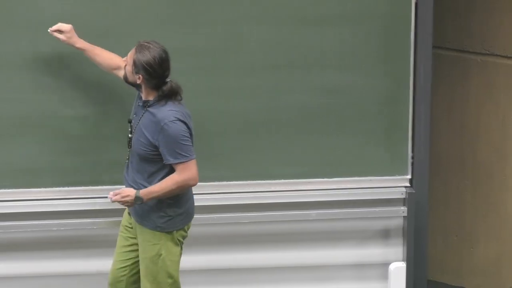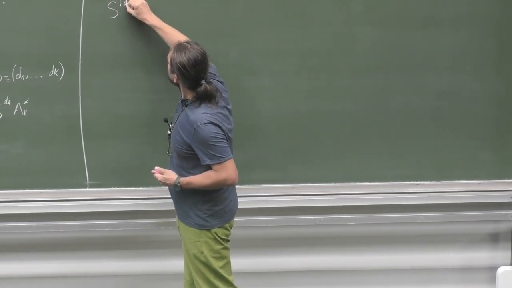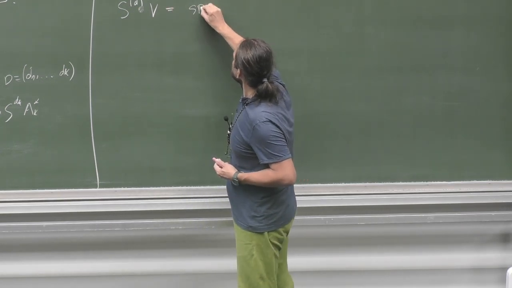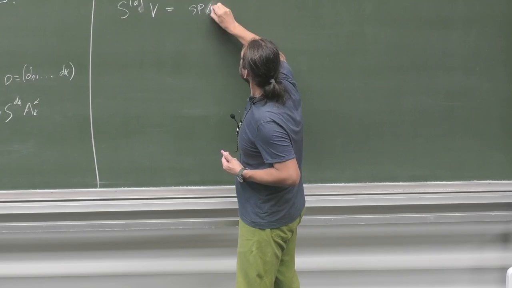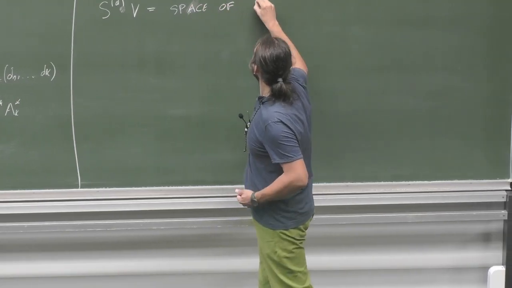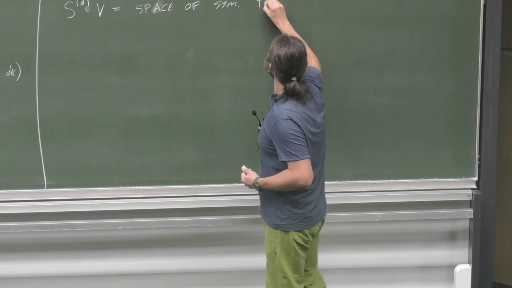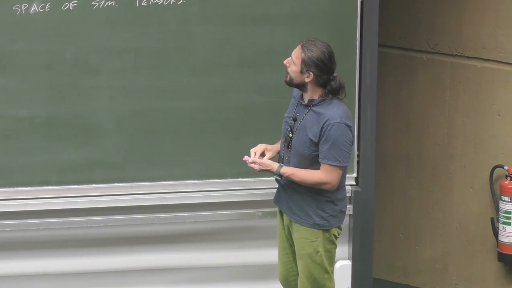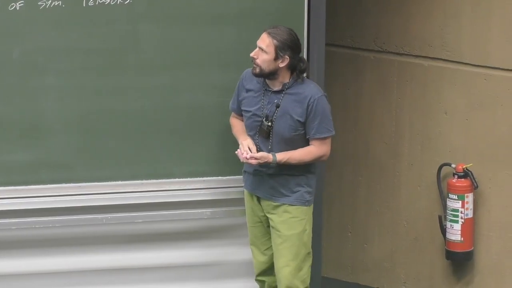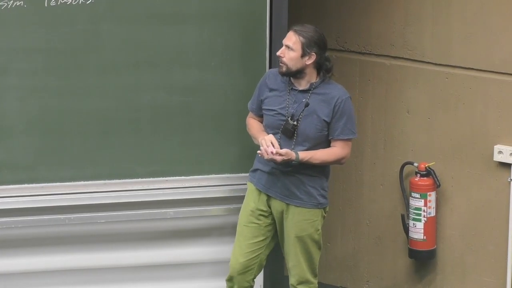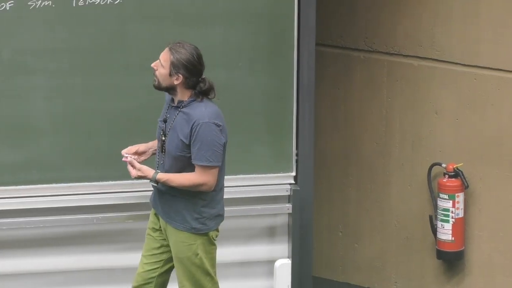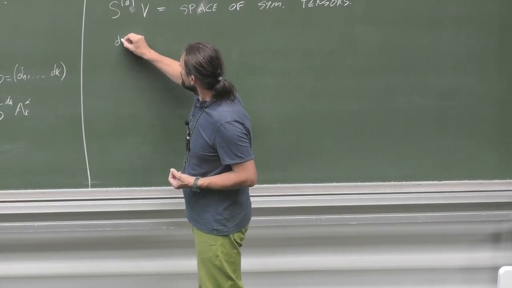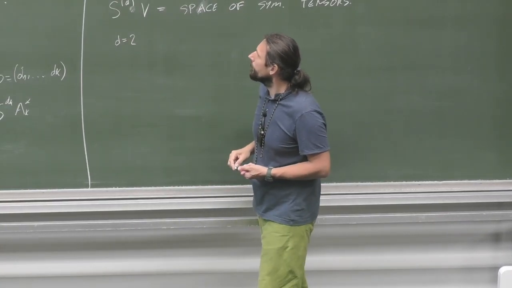Let's skip this index, while the bracket thing is the space of symmetric tensors. And in characteristic 0, these two things are isomorphic in all sorts of ways. But in positive characteristic, there is a difference. So let me illustrate it in the case that d equals 2. What's the difference?